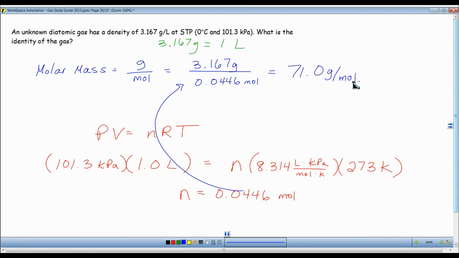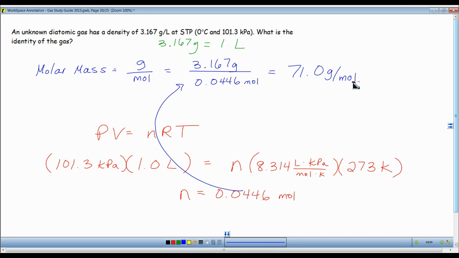Okay, so now we need to identify the gas. An unknown diatomic gas. Diatomic means that there's two atoms. So if I take this 71 and I divide it in half, do you see where this is going?